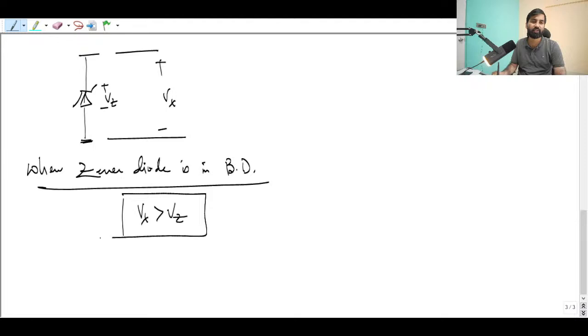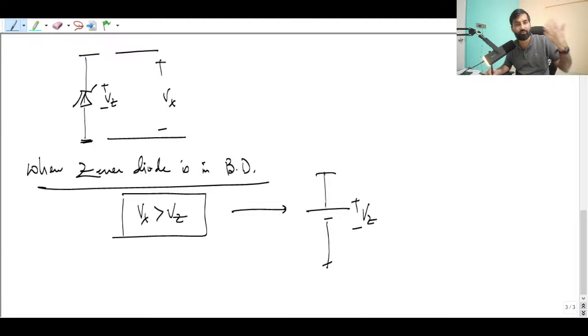Vx in that circuit is the initial voltage across the capacitor, 10 greater than 5, so certainly it is going to be on. So the equivalent is a battery: the Zener diode will be replaced by VZ.